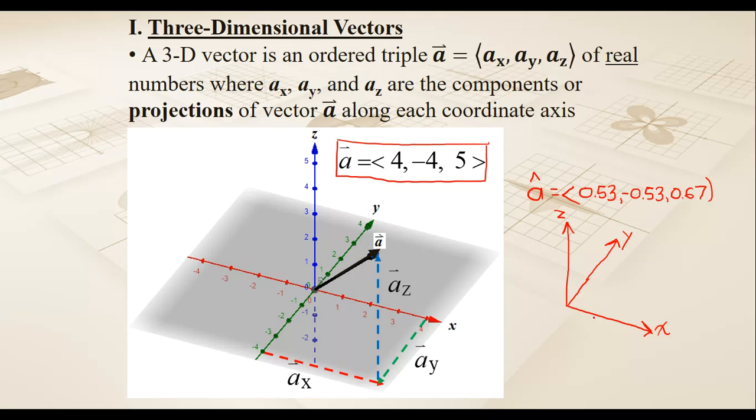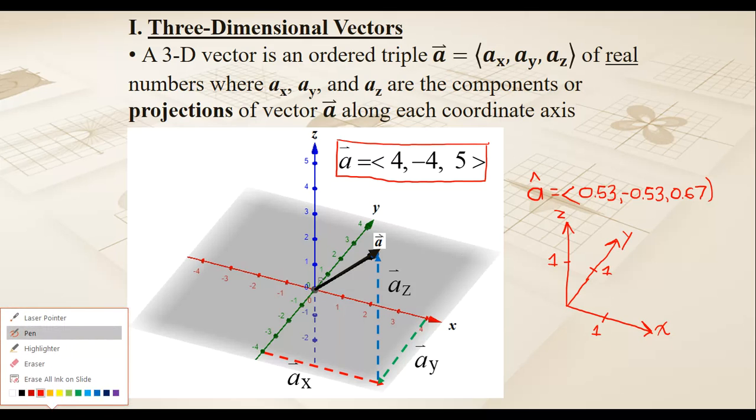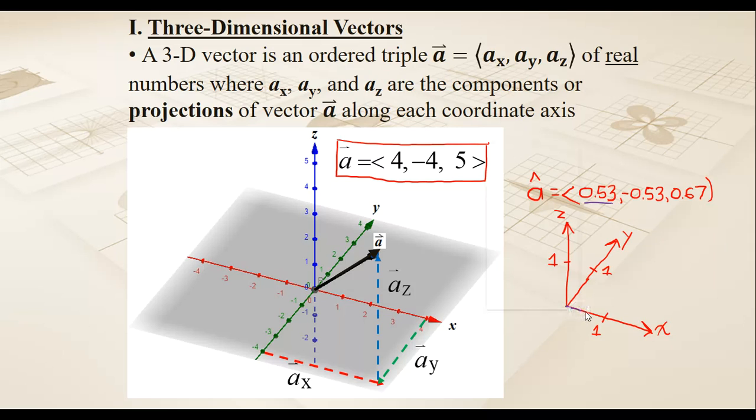Okay, and we'll just label this as positive 1, this as positive 1, and this as positive 1. So the way I would attempt to draw this would be starting at the origin. I'd first go 0.53 units to the right. So that might be right here. Okay, it's just halfway there.